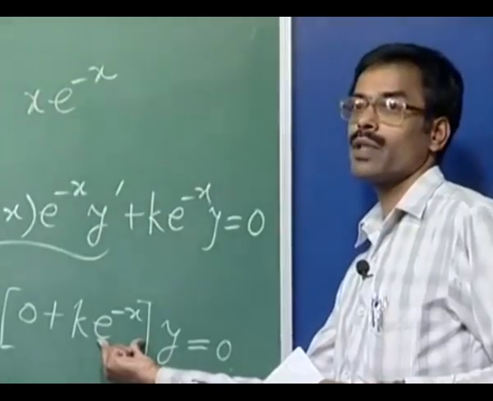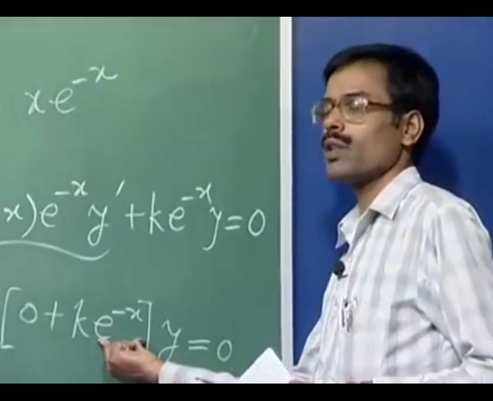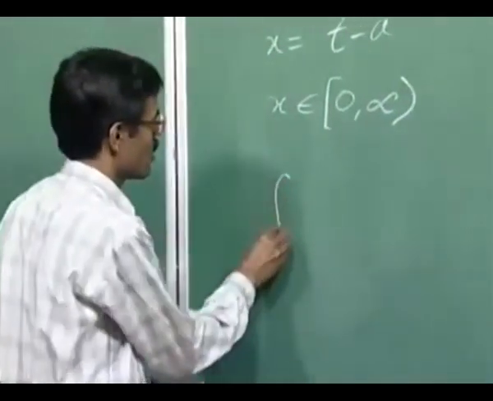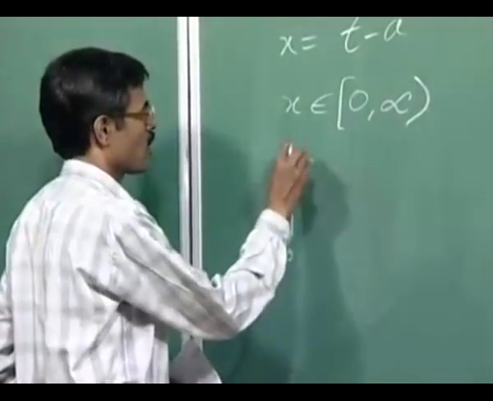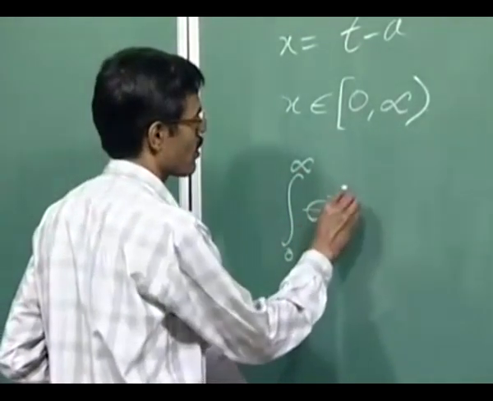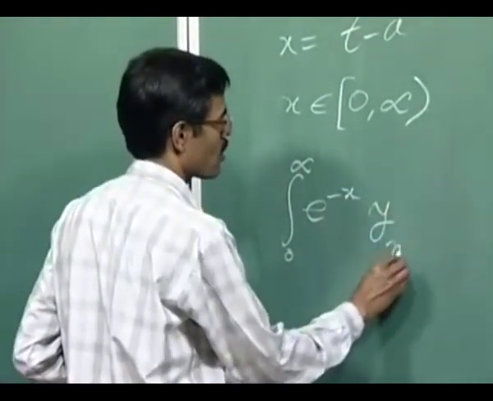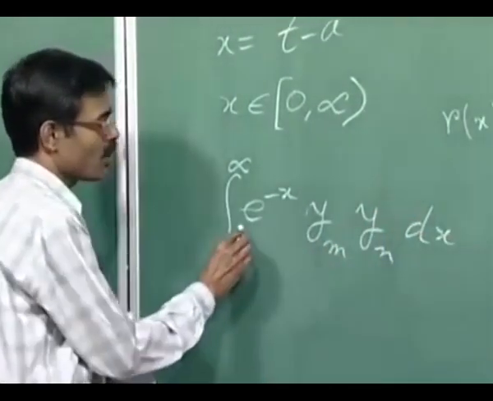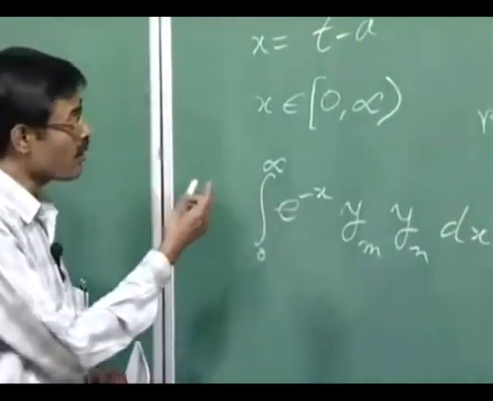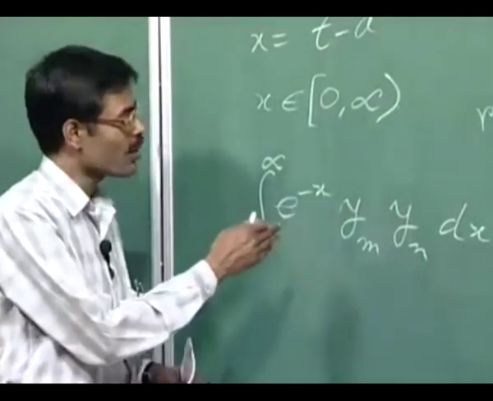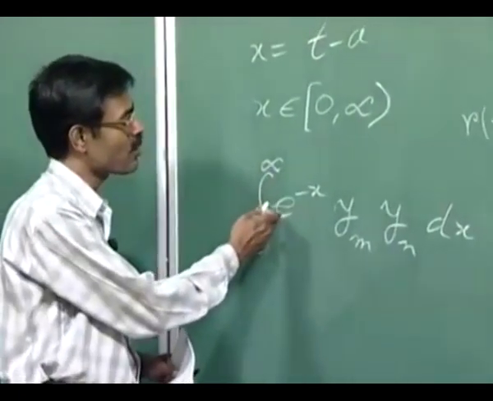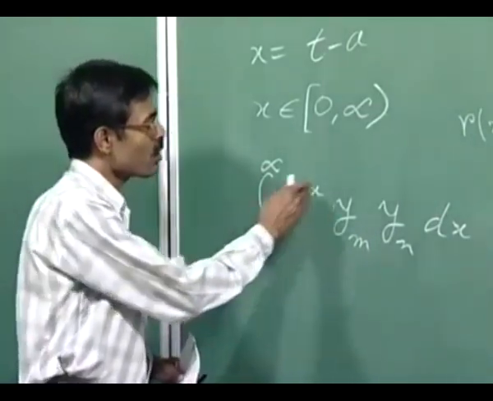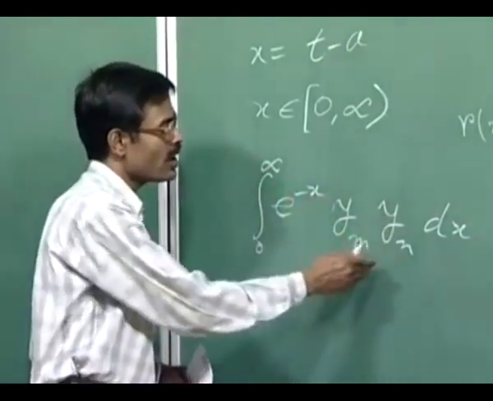In the case of Laguerre polynomials, the statement of orthogonality will be this. The orthogonality will be with respect to any suitable weight function, which must be a positive definite function, which it is. So, you will find the orthogonality in this manner.